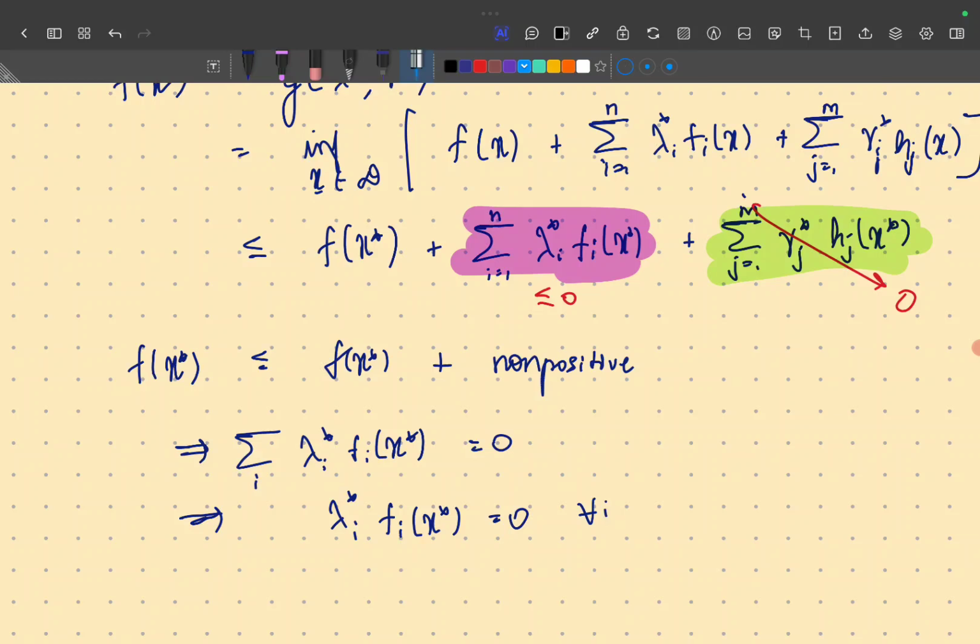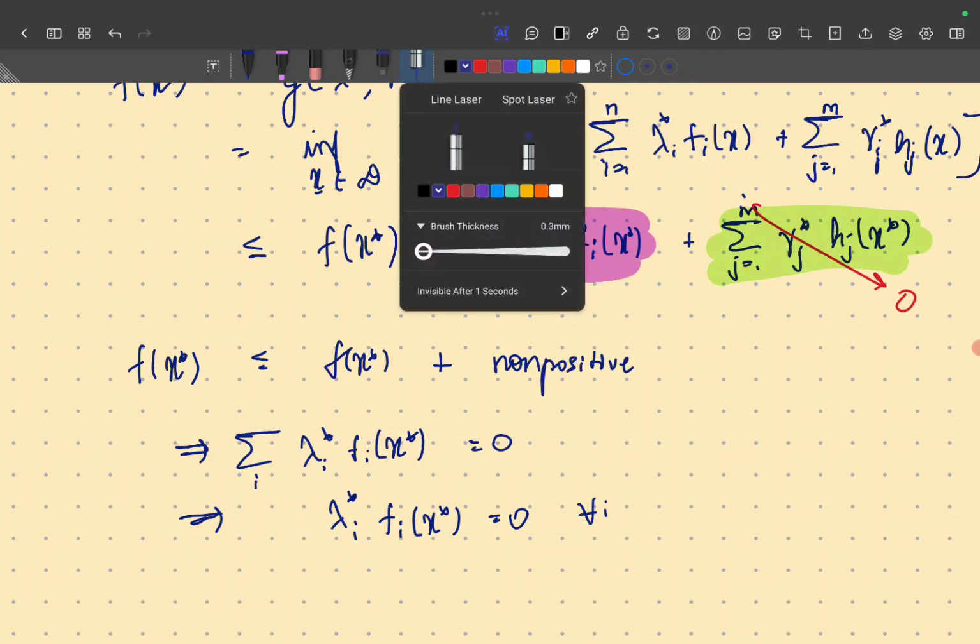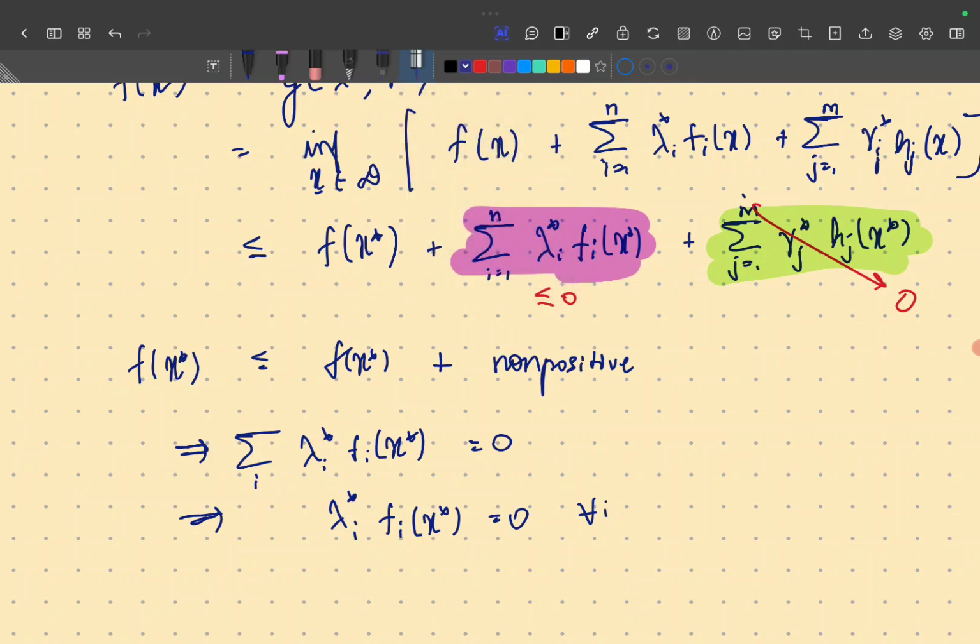While each term should be 0, the simple thing is that all of these have the same sign. Each of these terms has the same sign. Each one of these is less than or equal to 0. And the sum should be equal to 0.